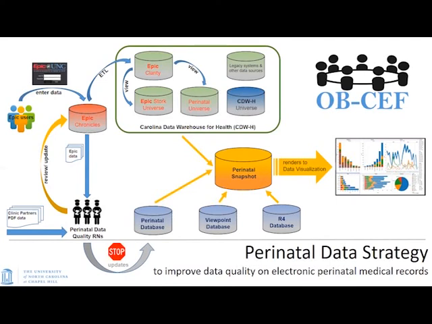All right, so the big actor here in this presentation is the perinatal snapshot, the one that shows up in yellow. And like I said, it's just a snapshot. We didn't want in this strategy to create another database, because the minute you create a database, now you need to have servers, you need to have people maintaining the database, etc. So what we basically do is we just go to the universes and extract data.